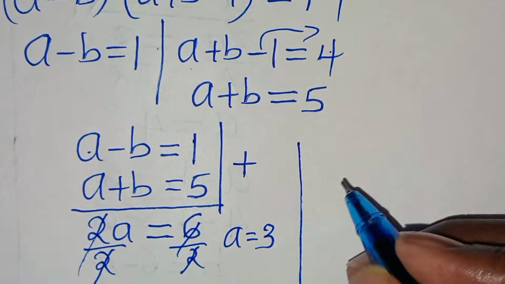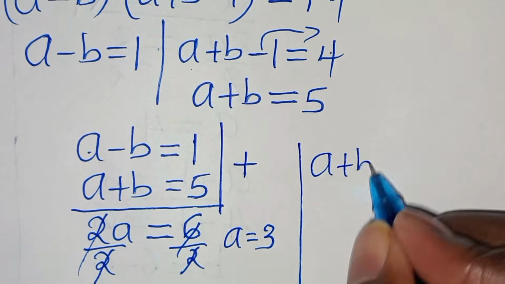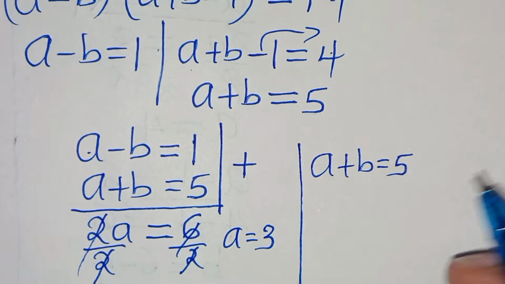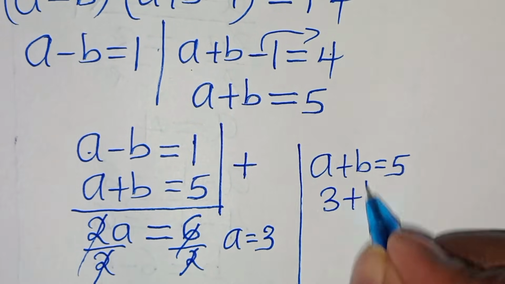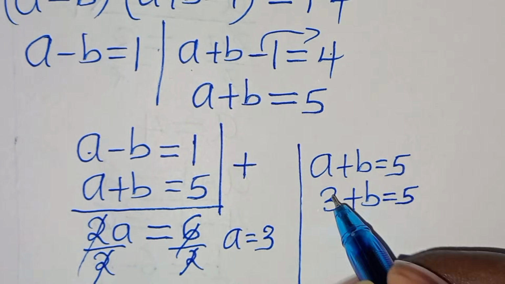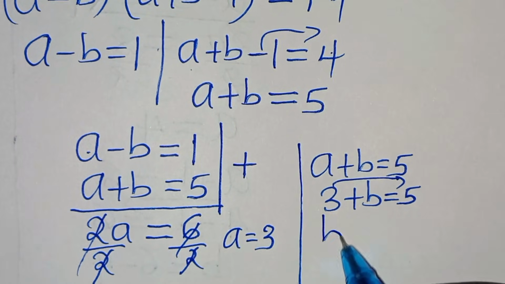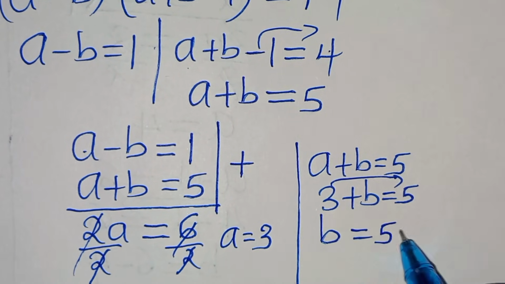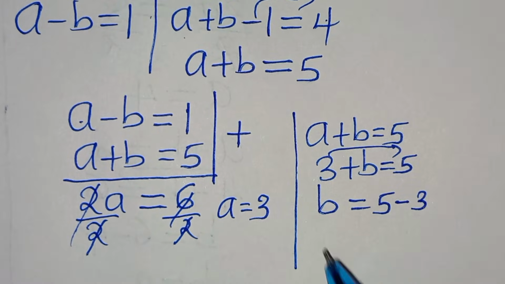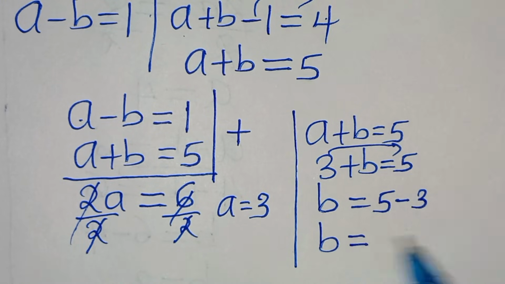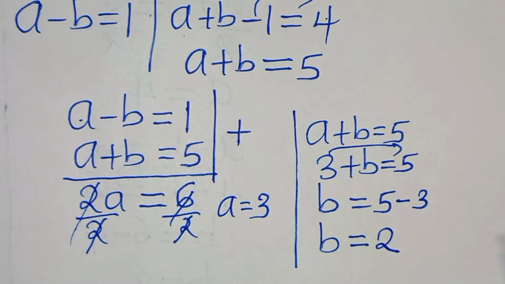Then we can solve for b. We have that a plus b is equal to 5. So we have 3 plus b is equal to 5. Let's take 3 to the right hand side. So this means that b is equal to 5 minus 3, which is 2.